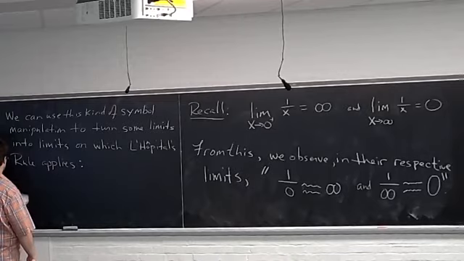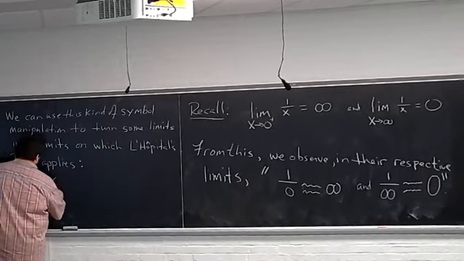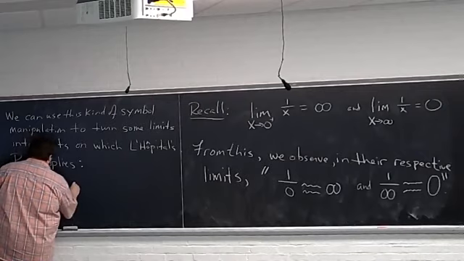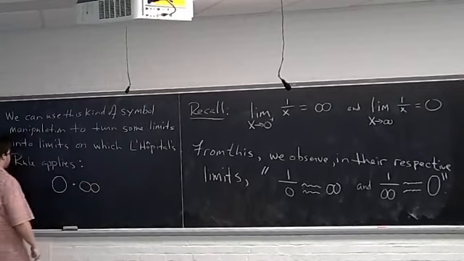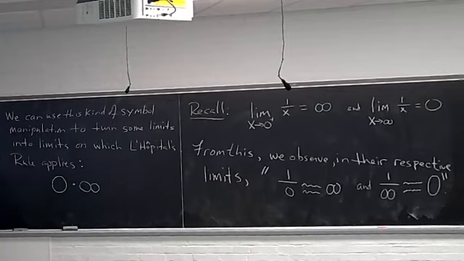So what would that look like? Well, one example, what if we had a limit whose form took 0 times infinity? So there we have a 0 times infinity.